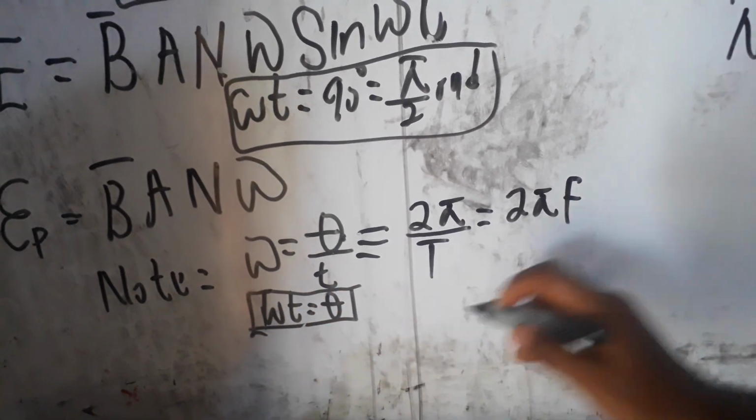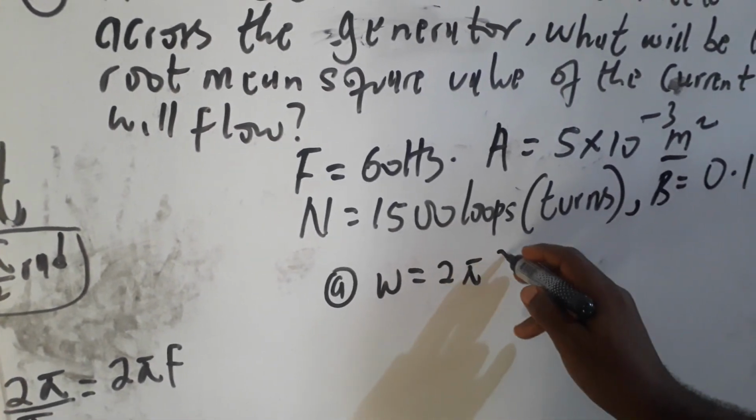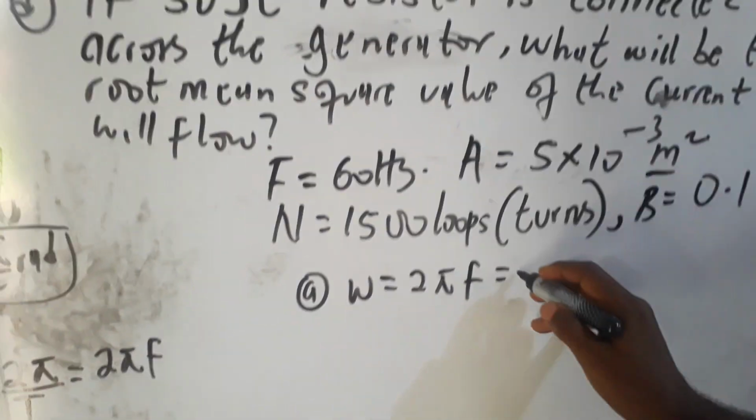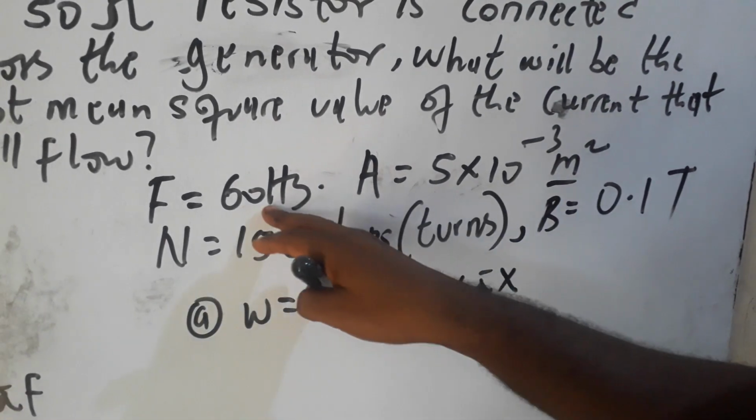So for question A, angular speed is 2 pi times frequency. We multiply 2 times pi, then times the frequency, that is times 60.